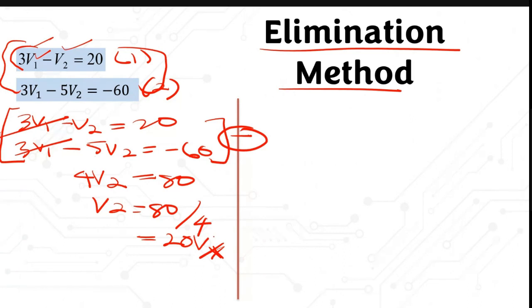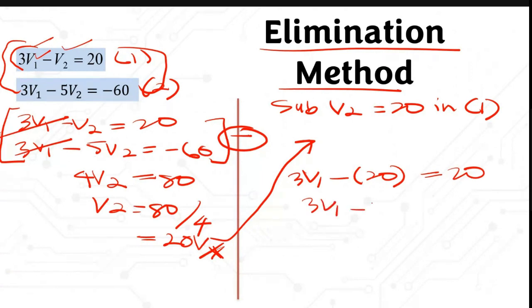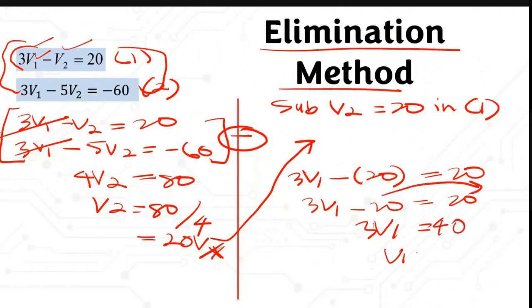Then I have this value, so I can substitute V2 equal to 20 volts into equation 1. 3V1 minus 20 equal to 20. So 3V1 equal to 40, and V1 is equal to 40 over 3 volts. So this is your answer.